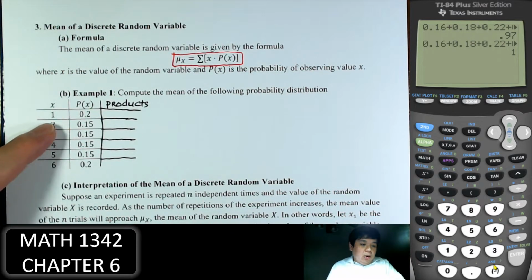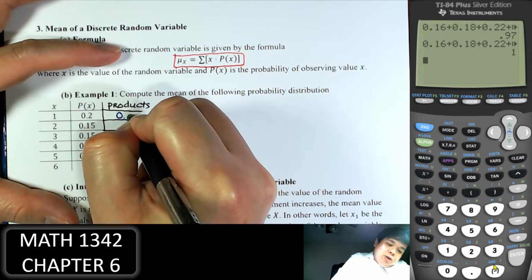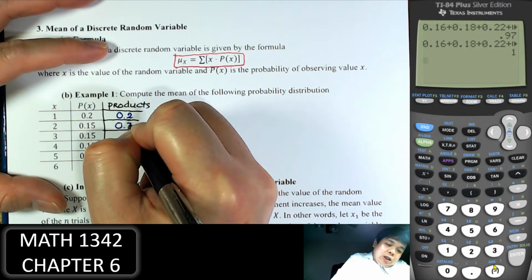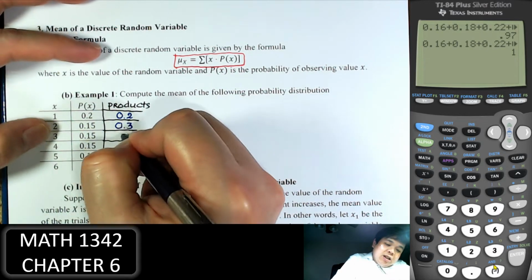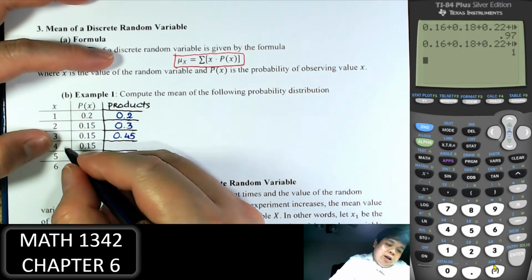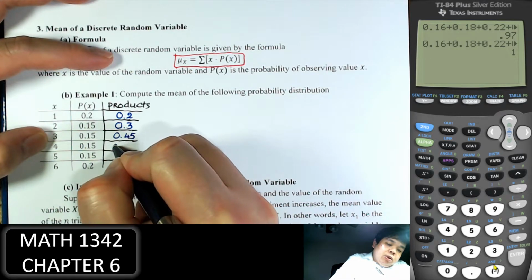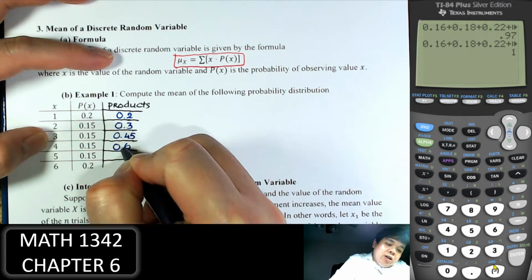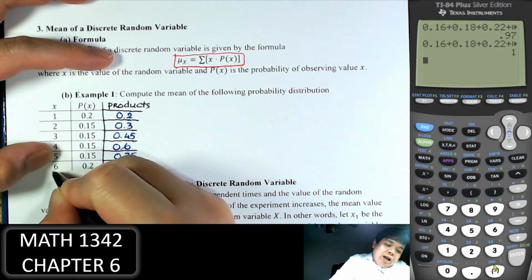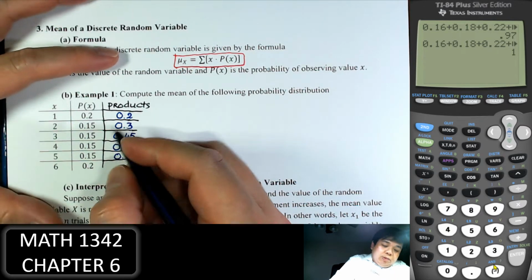So 1 times 0.2 is 0.2. 2 times 0.15 is 0.3. 3 times that, 0.45. 4 times that, 0.6. 5 times that, 0.75. And 6 times that, 1.2.